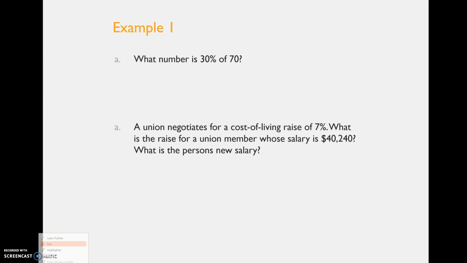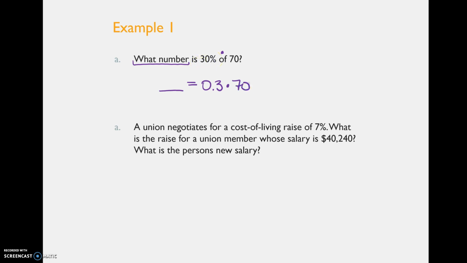So if you remember, is the equal sign, of is multiply, you should be fine. So in example 1, what number is 30% of 70? So what number is 30%? How do we write 30% as a decimal? 0.3. Of means multiply.